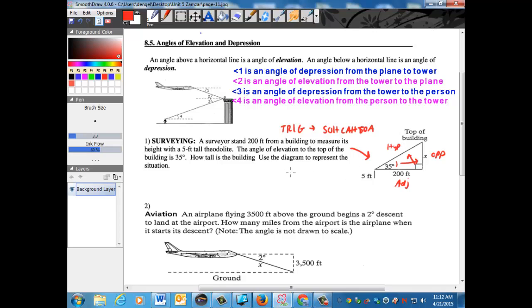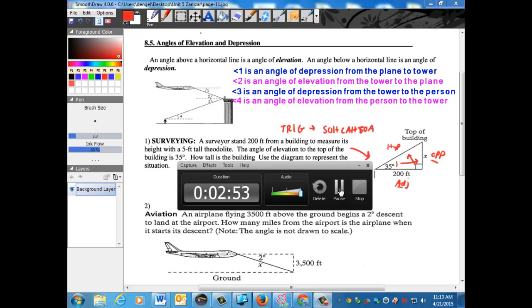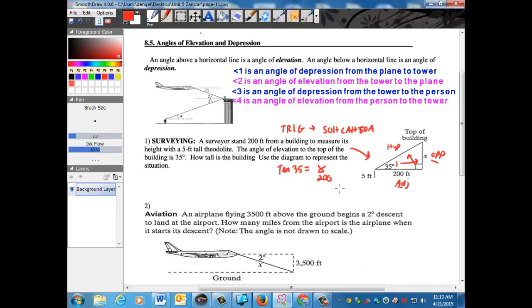So we're going to solve for x, and I see opposite and adjacent. That lets me know I'm going to use TOA, or tangent. So tangent 35 is going to equal x over 200. And then we're going to enter that into our calculator, and tangent 35 is going to equal 0.70, equals x over 200.